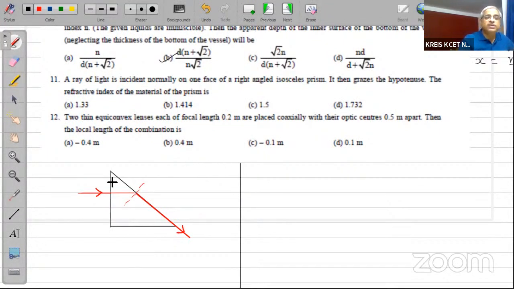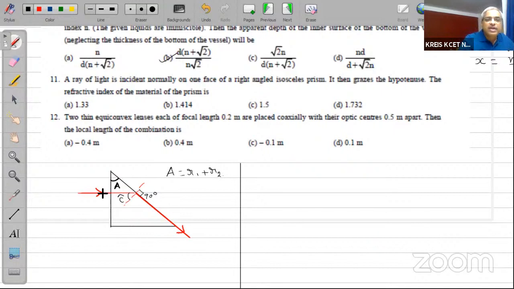A very easy question. Let us call this angle as A. Okay, this angle in fact is A. Now this angle, you all know, the angle made by the grazing incidence with respect to the normal is 90 degree. So this angle should now become the critical angle. We all know that, students, angle A should be equal to R1 plus R2.